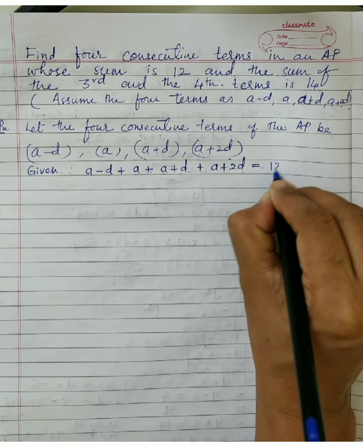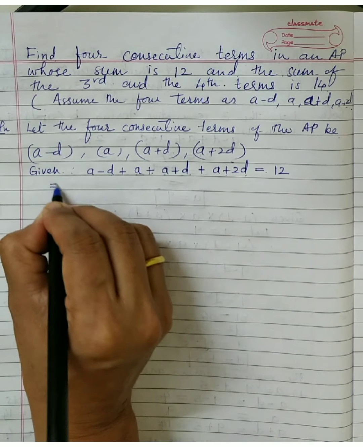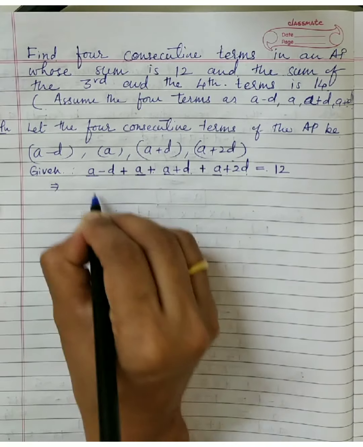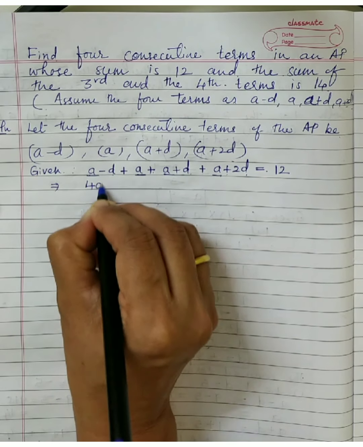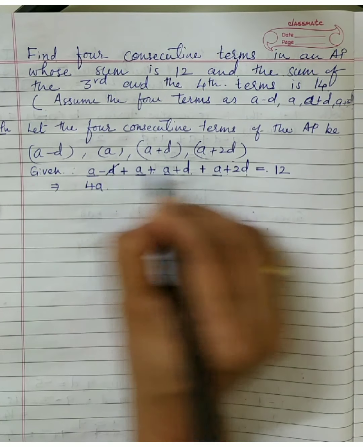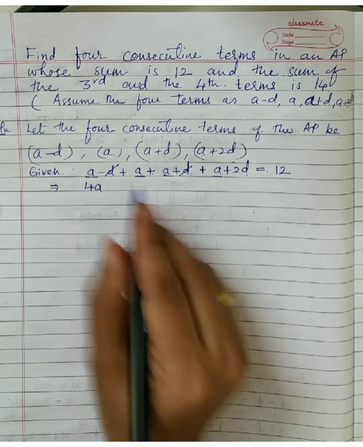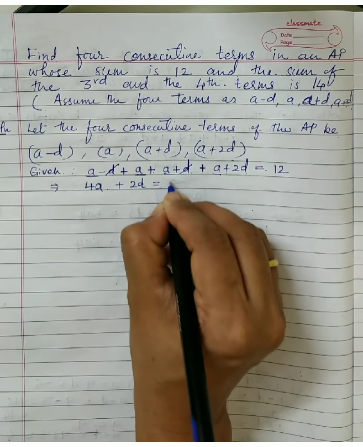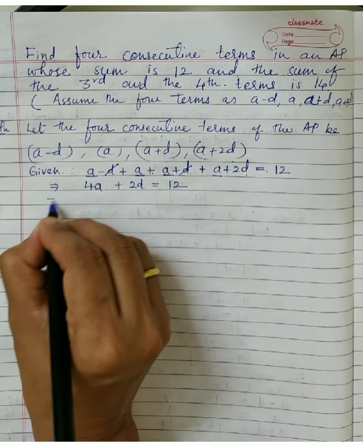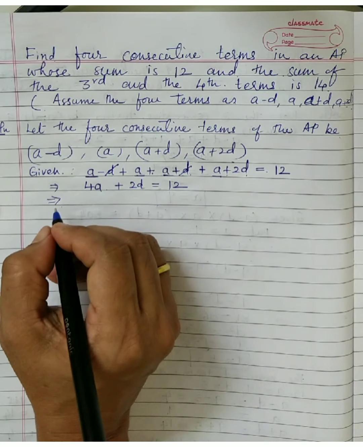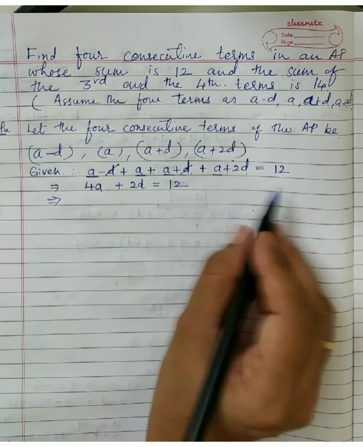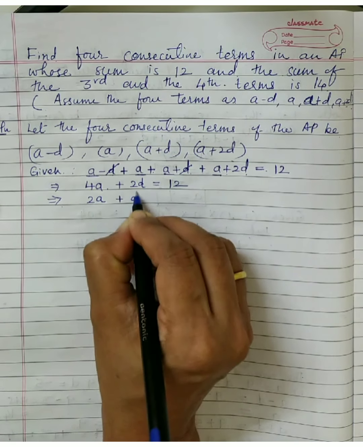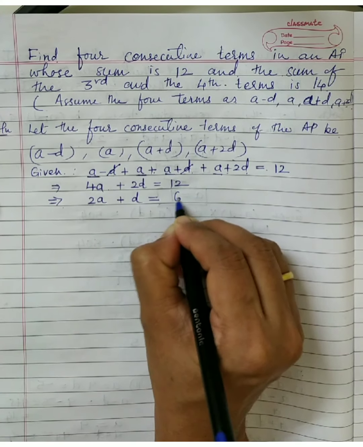Sum is 12. Now let's simplify this. A, how many times it is coming? 4. 4a, minus d plus d gets cancelled, plus 2d is equal to 12. Throughout it can be divided by 2. So what you will get? 2a plus d is equal to 6.